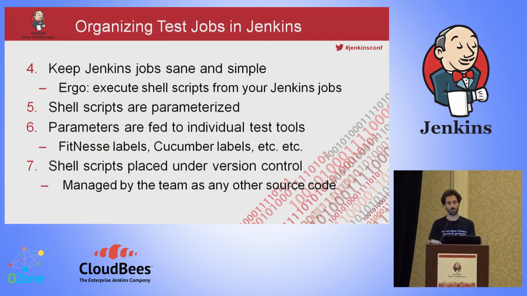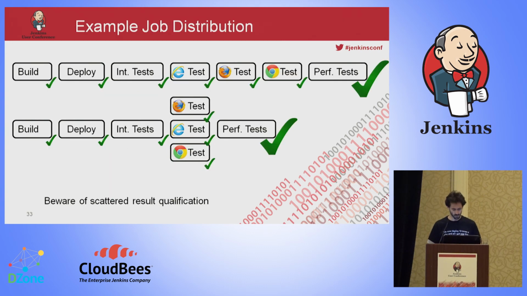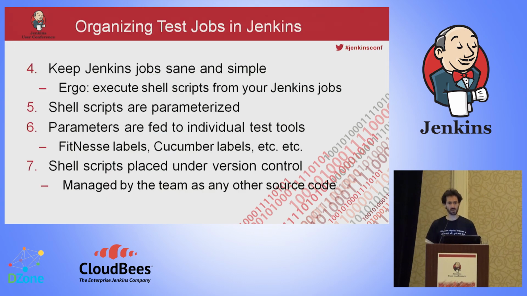If we're going to run a filter and only run a subset, we have to make sure that we can pass that in. So think from the beginning: these invoker scripts need to support the options that the underlying test tools support. That's point 6, actually, as I've just said. And labels: Cucumber and FitNesse and some other tools support labels natively. Otherwise, as you saw, you can get a bit more creative with the naming of tests.